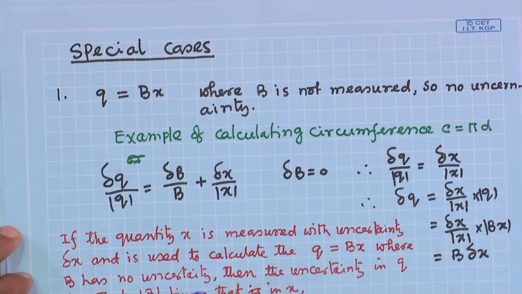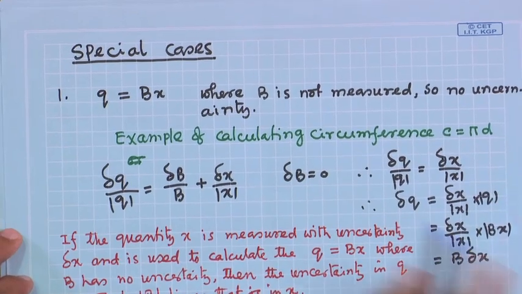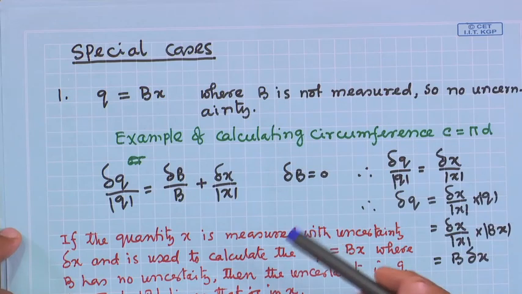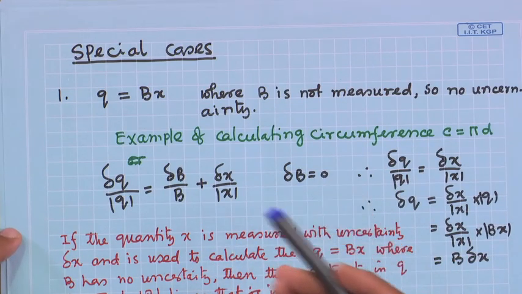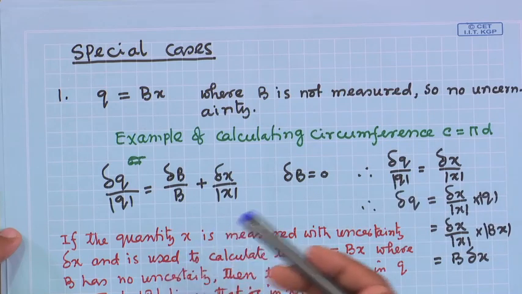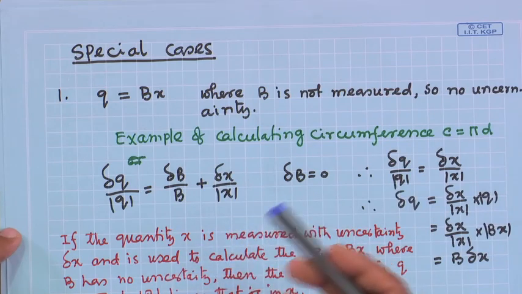We need to consider them, because in real examples in the laboratory we will see different kinds of relations, and there the special cases we will discuss, this type of relation also may be there, not only summation and difference, products and quotients. Some other special relations may also be there.